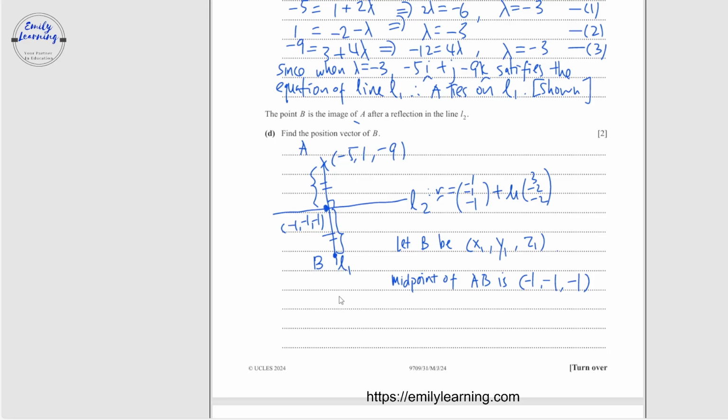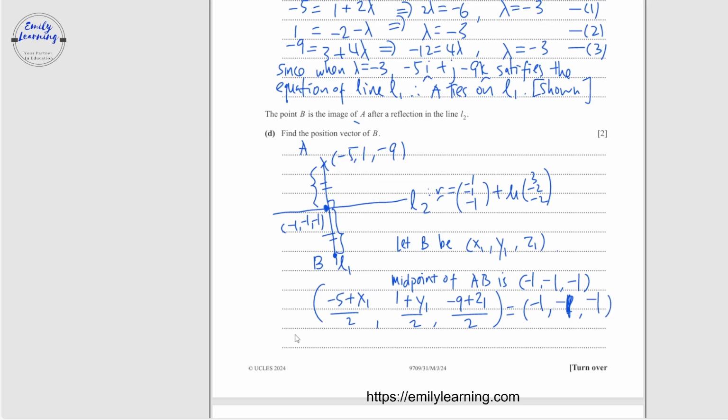So how do I find the midpoint? I know that (-5 plus x1) over 2, (1 plus y1) over 2, and (-9 plus z1) over 2 equals (-1, -1, -1).